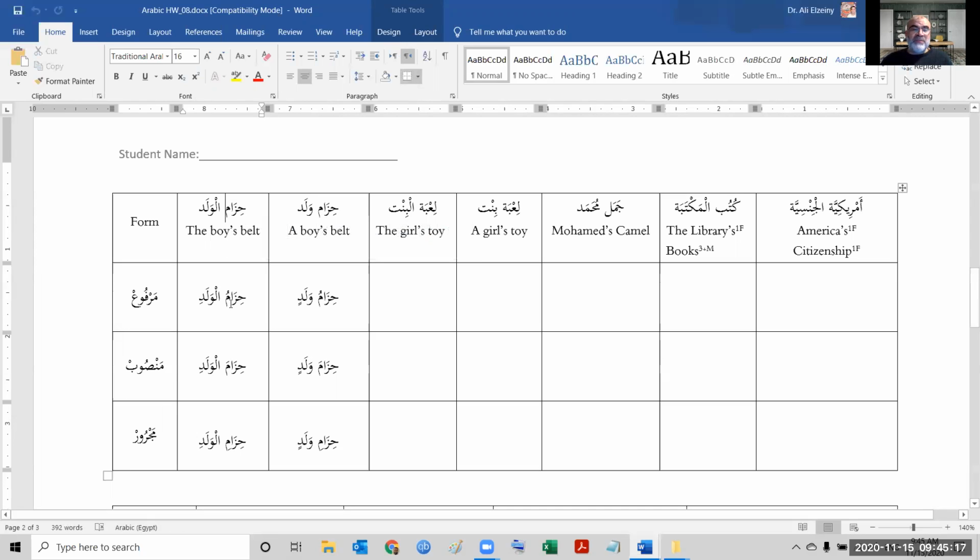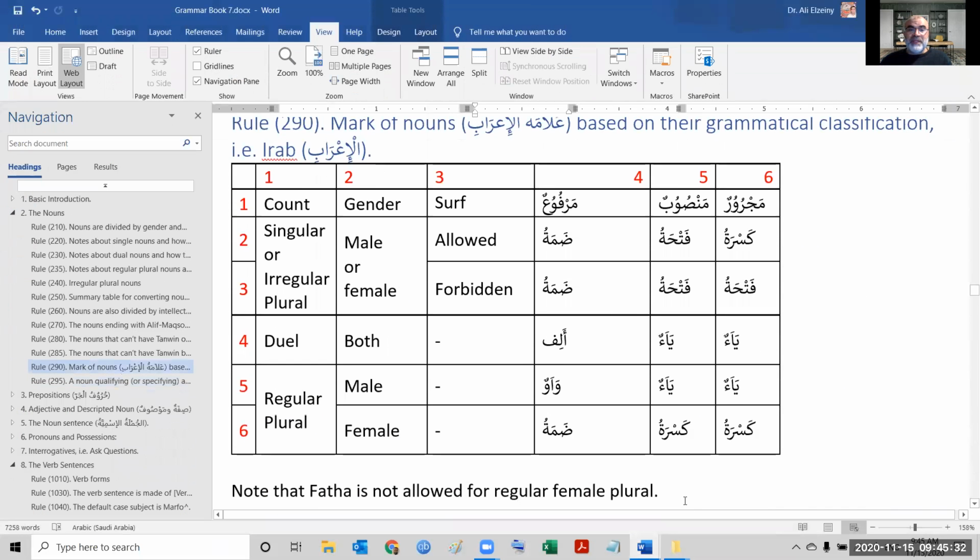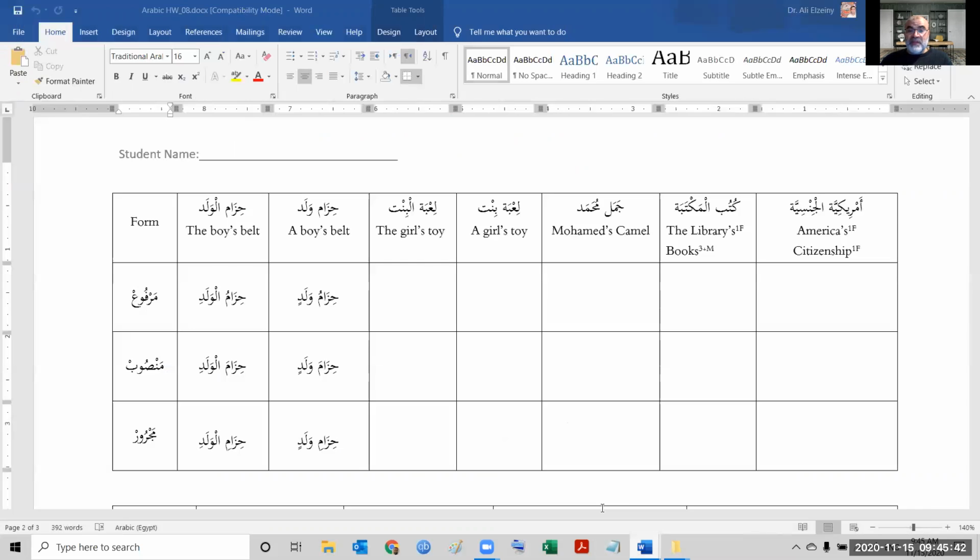There are always three possibilities: marfu', mansub, majroor, which you can find here. It has to be one of those three cases. So in order to practice that, I've put the three cases here so that we know what to do.